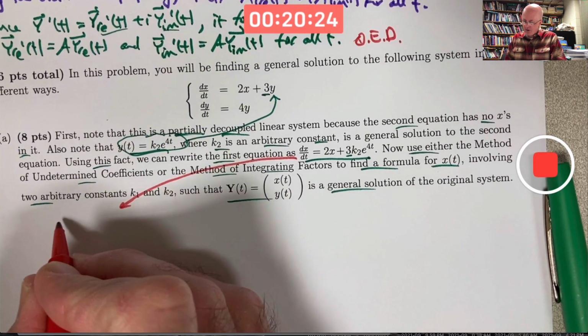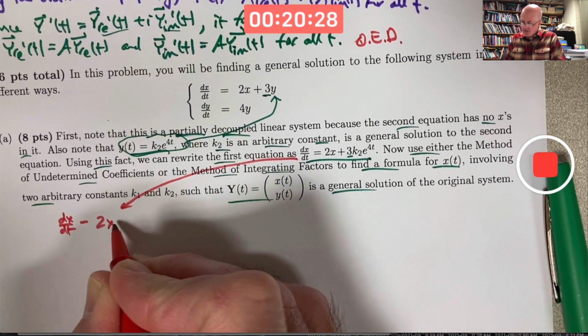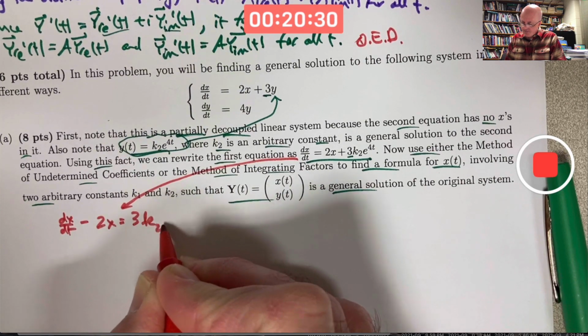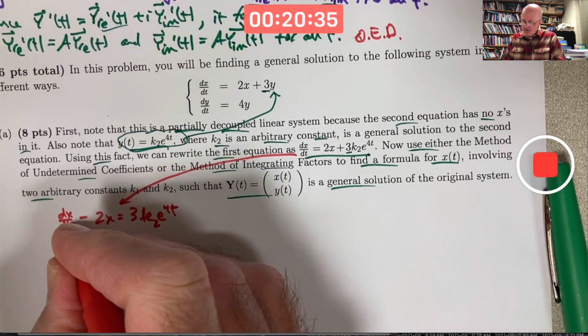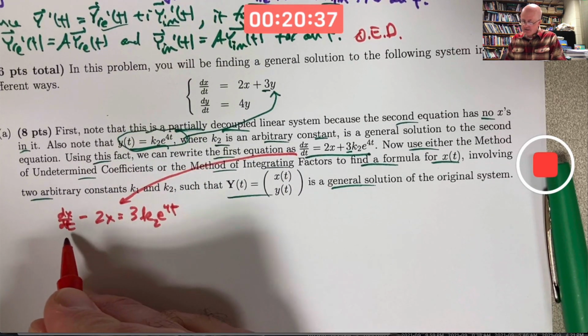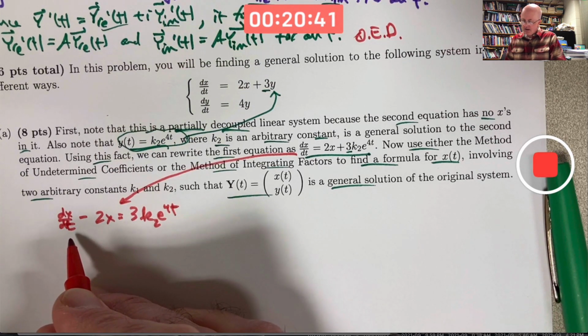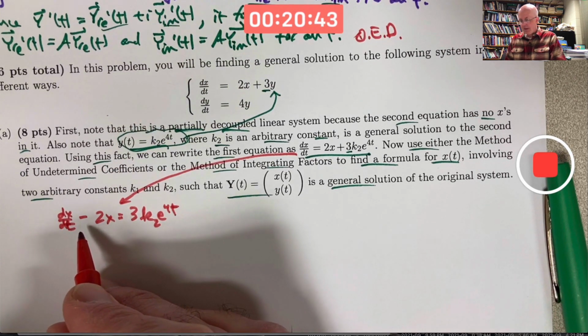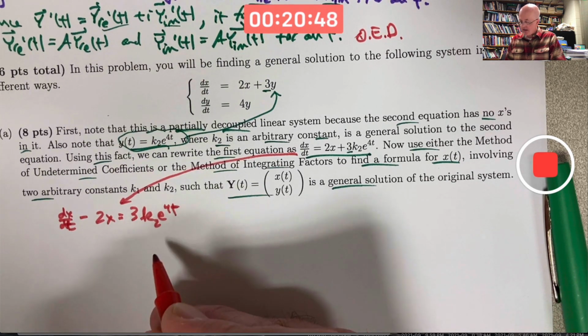I will, again, practice the method of integrating factors. I will first subtract 2x from both sides to write it like this. That is in linear differential operator form is what I call it. It's a non-homogeneous linear differential equation, first order. dx/dt plus or minus something times x equals something, a function of t.